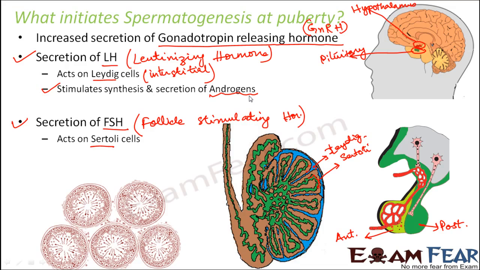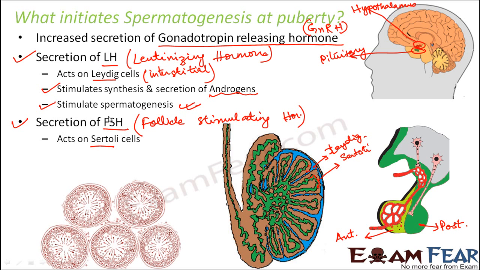More and more androgens, that is testosterone, get produced, so the secondary sexual characters are observed in males at puberty. This in turn stimulates the process of spermatogenesis, because all the reproductive parts become more active. So when this hormone is secreted, spermatogenesis is stimulated.